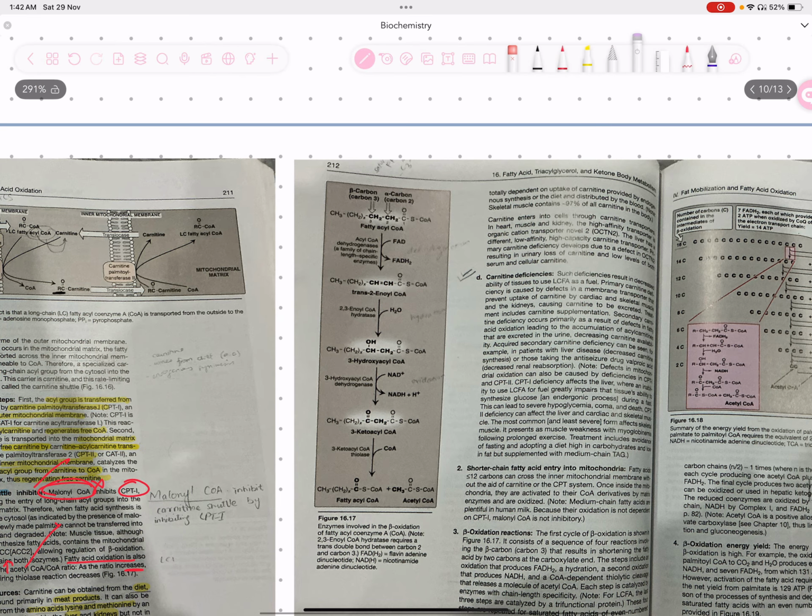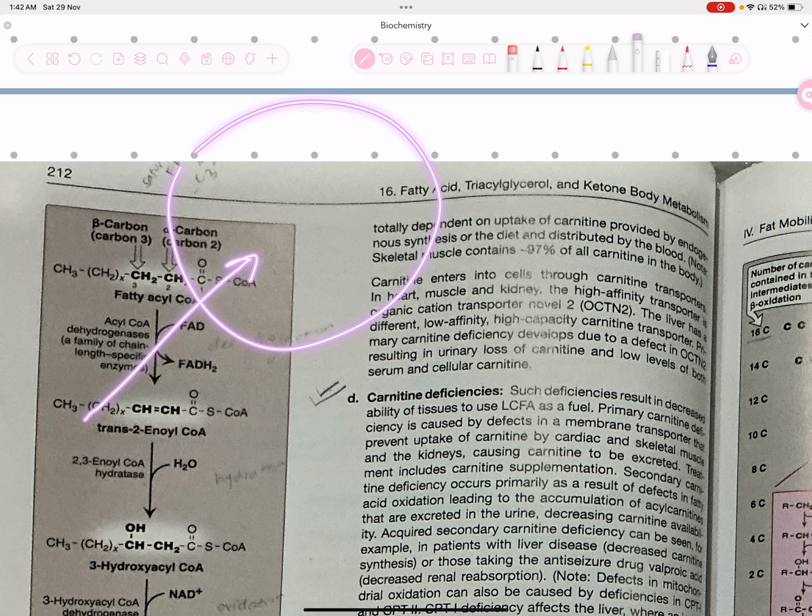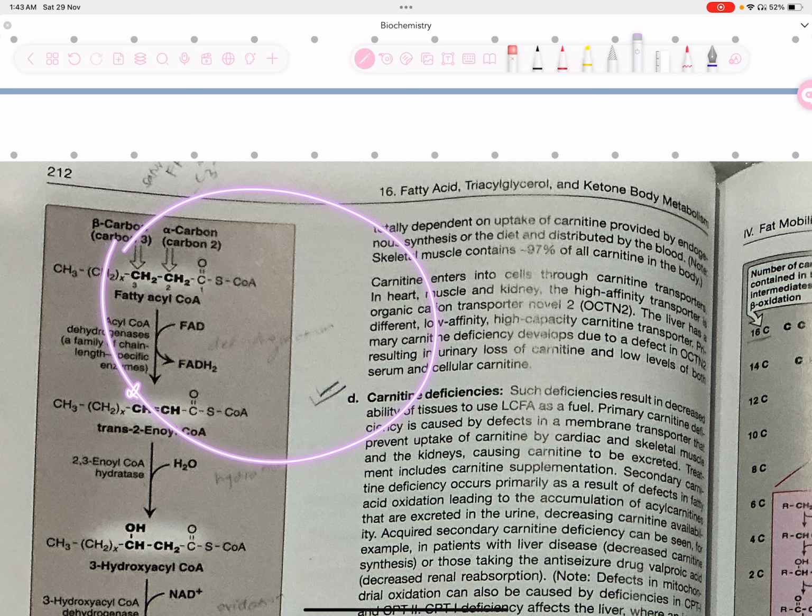Now, what happens exactly is that carnitine is made in kidneys and liver, yes, but there should be some way for them to get transported into the cell. For that, you have this transport protein, which is called OCTN2, the organic cation transporter novel 2. This is the transporter protein which is going to help carnitine to be transported into the cell.